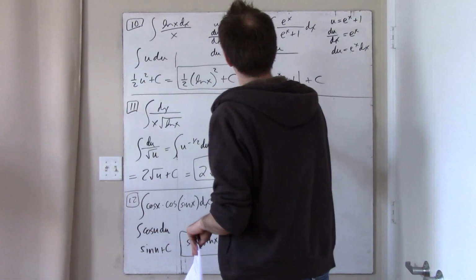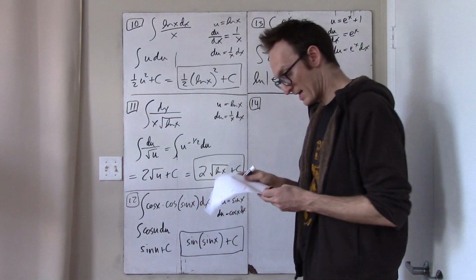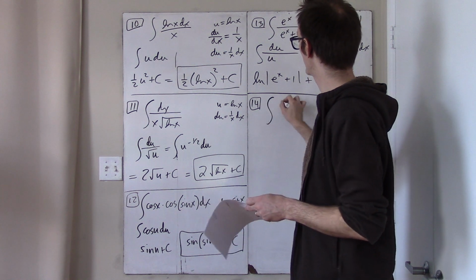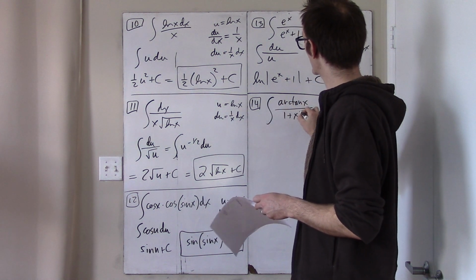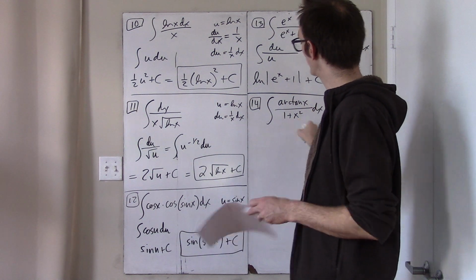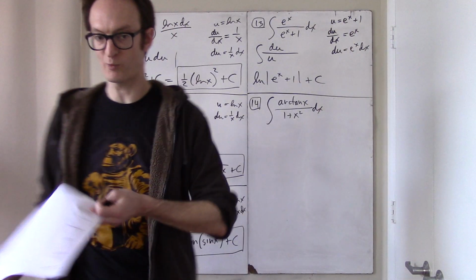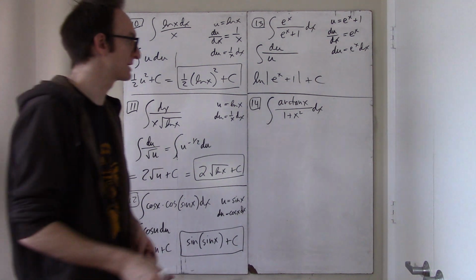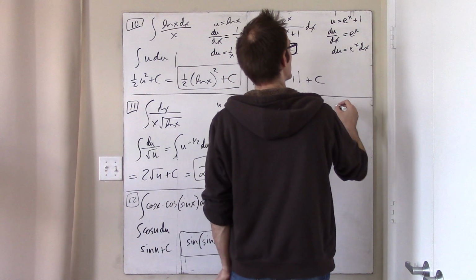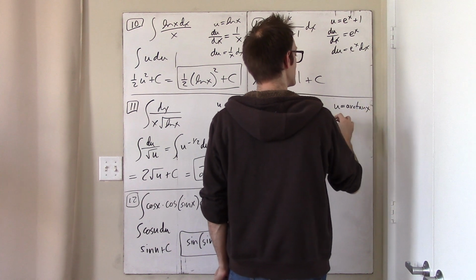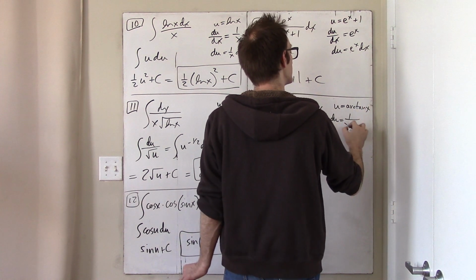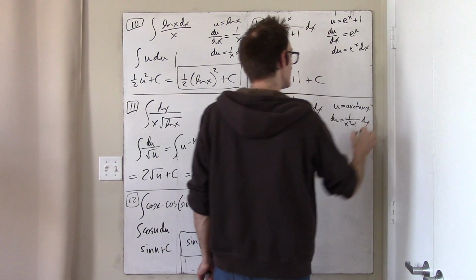14, okay. Antiderivative of arctan x over 1 plus x squared. Well, now I just know that 1 over 1 plus x squared is the derivative of arctan. So if I just let u be arctan x, then du is just 1 over x squared plus 1 dx.